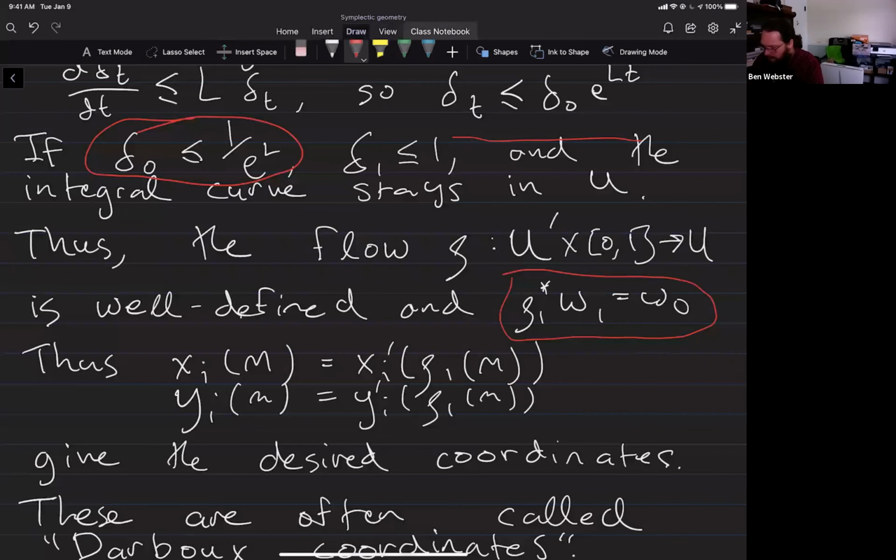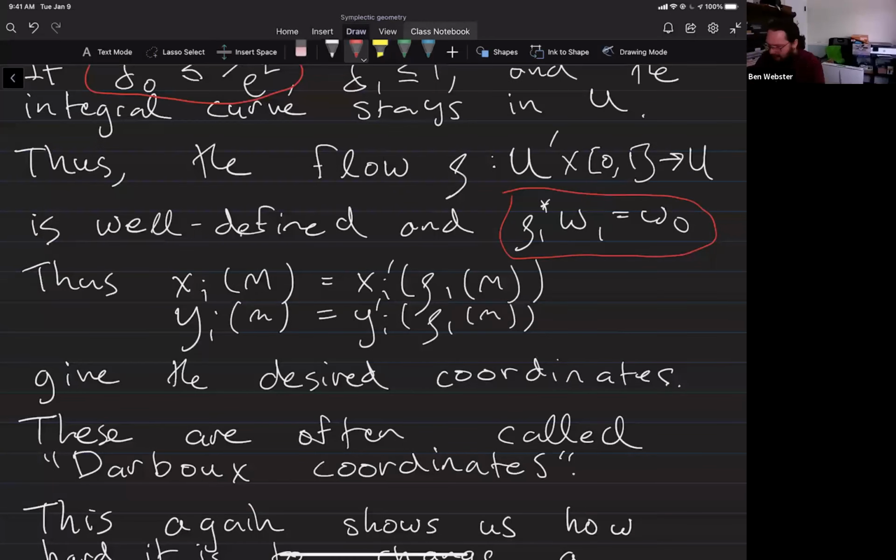So this means that I can define new coordinates on my U prime by pulling back the coordinates yi prime and xi prime. So my original coordinates xi prime and yi prime aren't right, but the Moser trick tells me how to correct them by using one of these flows.